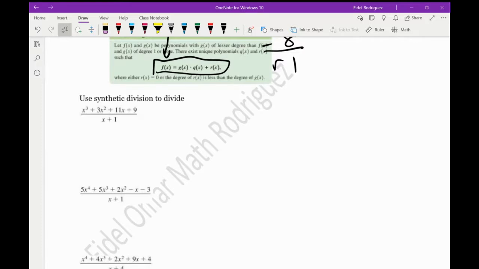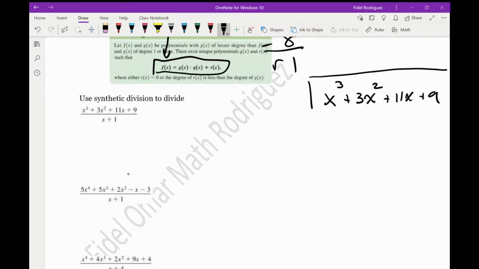The reason why it works is if we were to divide this out, I'm going to write the problem down: x to the 3rd plus 3x squared plus 11x plus 9, right? And if I were to divide this old school way by x plus 1, I would say, look, here I have an x to the 3rd and here I have an x.